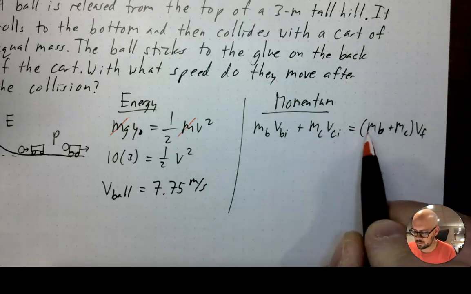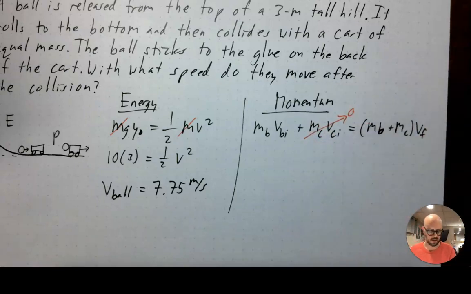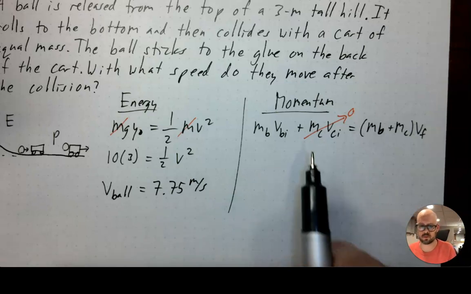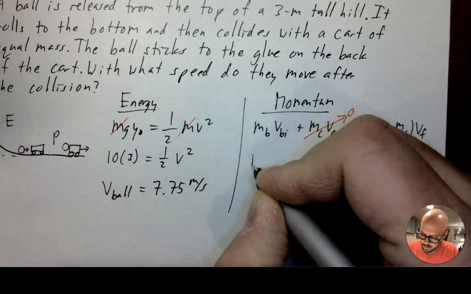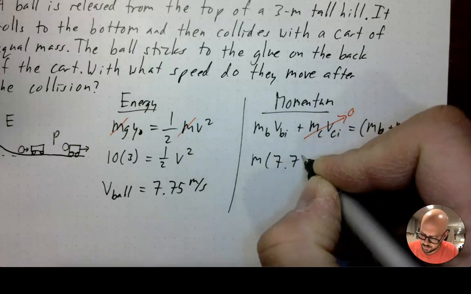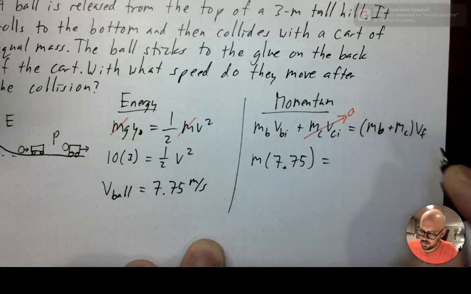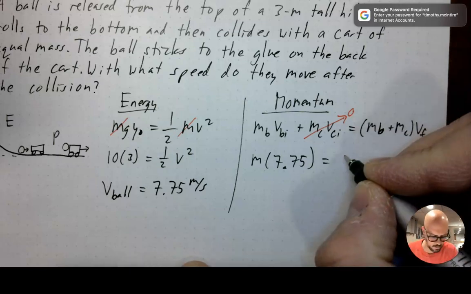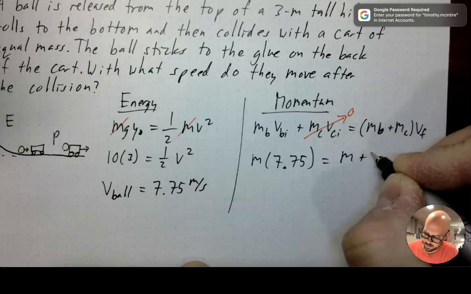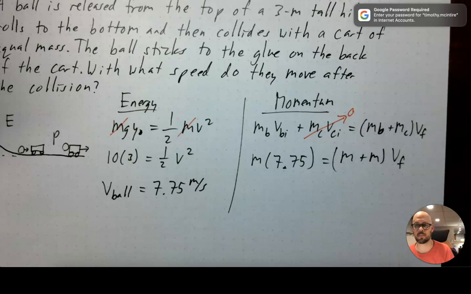The other thing I want to do is get rid of the initial momentum of the cart, because the cart is at rest. The cart is not going to be moving and has no momentum before that collision. So I can replace all this with m times 7.75. That's the initial velocity of the ball. And then I have two masses that are equal, so I'm going to put that as m plus m. And that's going to be times final velocity.